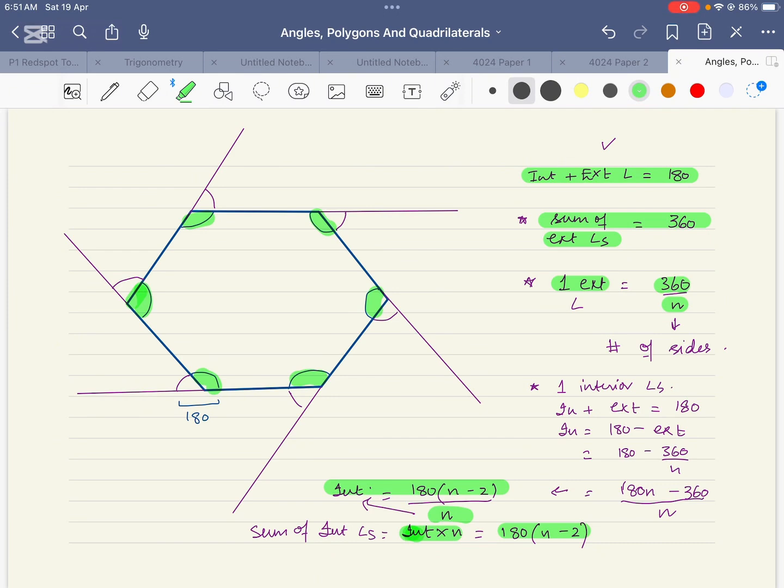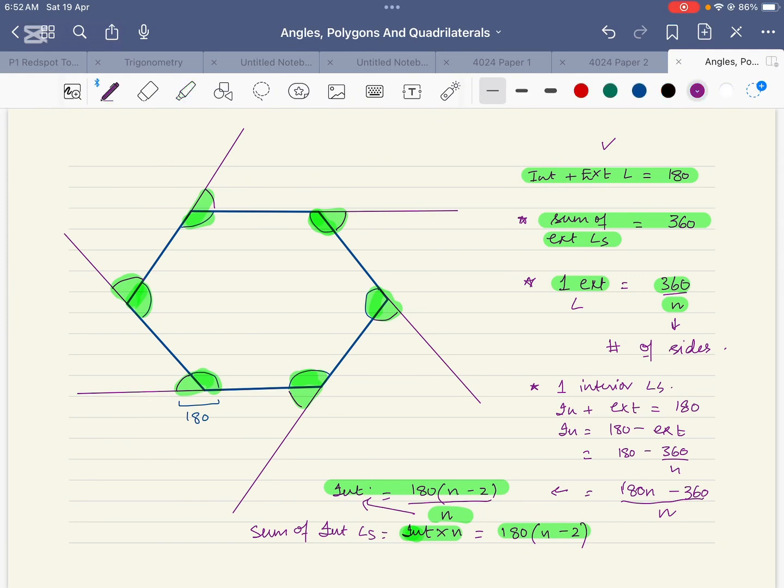We can see that in this one we have extended the sides clockwise, and the sum of each interior and corresponding exterior angle, they both are adjacent supplementary, means the sum of both the angles is 180. Even if we change the direction, even then the sum of interior and exterior angle will be 180.